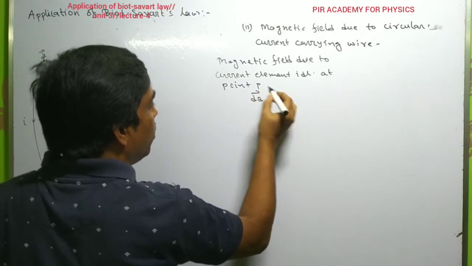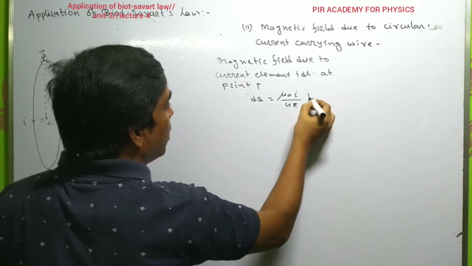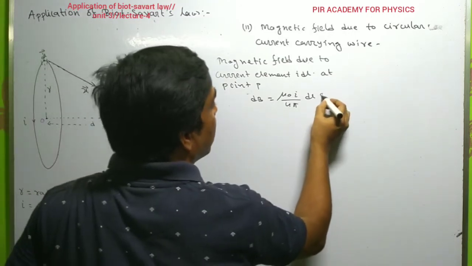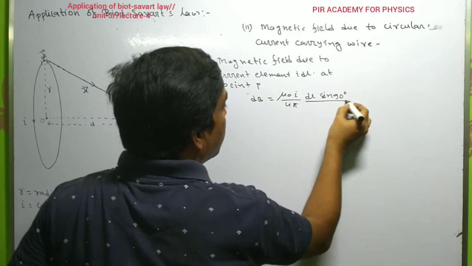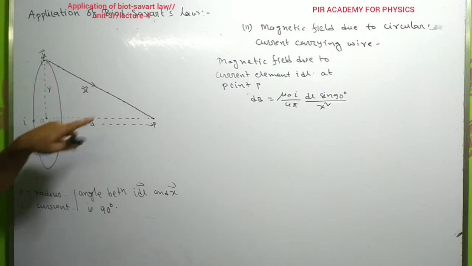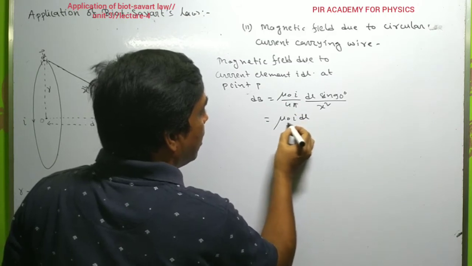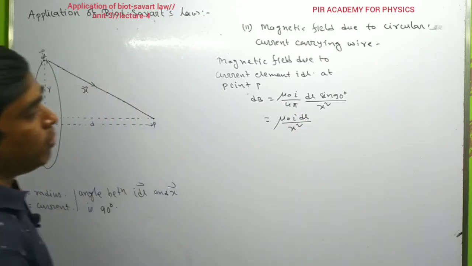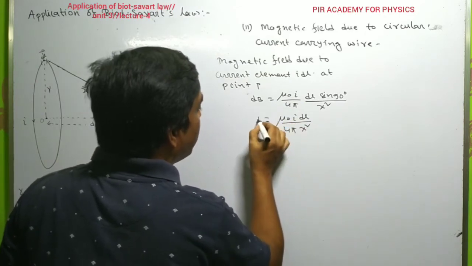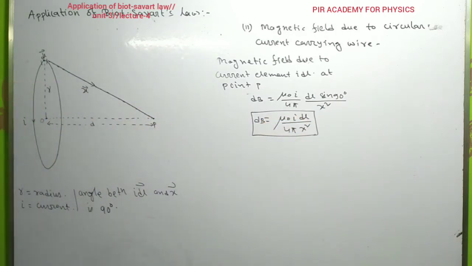So dB will be mu 0 I divided by 4 pi, dl, sine theta, where theta is 90 degrees, so I dl sine 90 degrees divided by x square. So it will be mu 0 I dl by 4 pi x square. This is the magnetic field due to this current carrying element I dl.